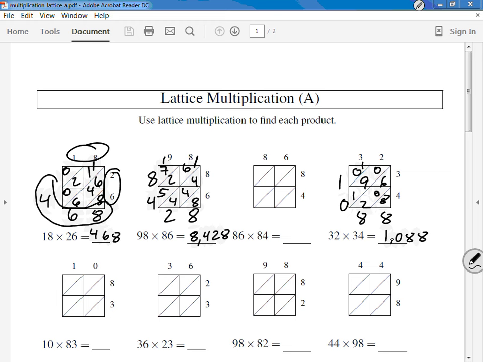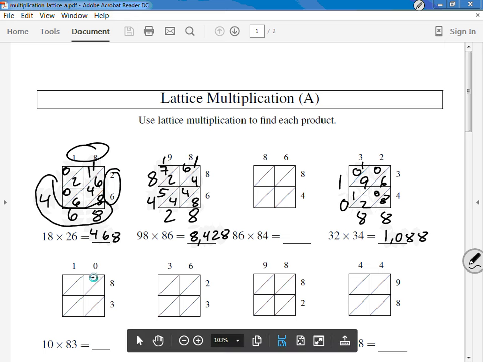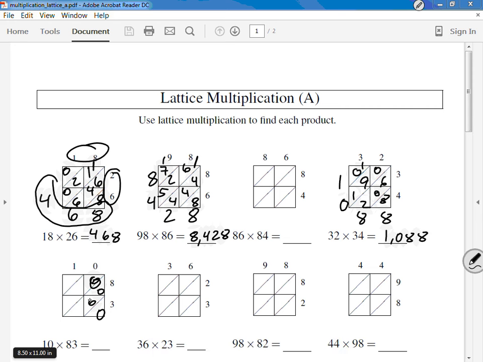Right? Lattice multiplication is nice. If you notice here in the second row, my first question, there's one number that is 0. I know anything times 0 is 0, so guess what? I'm just going to put my zeros there. Right? 0 times 8, 0 times 3, boom, I got that done. The timetables of 0 is easy.